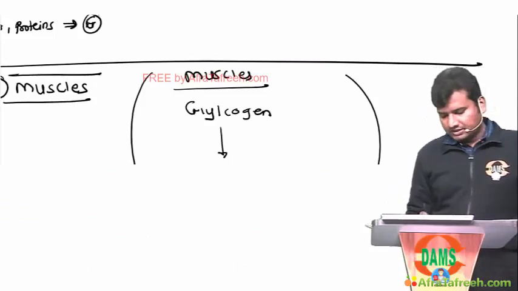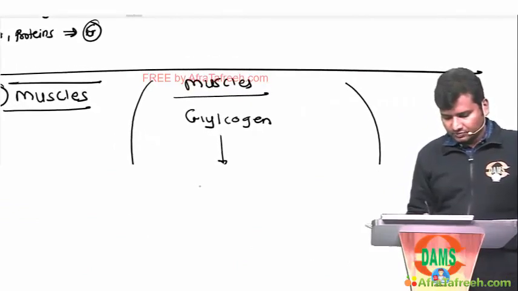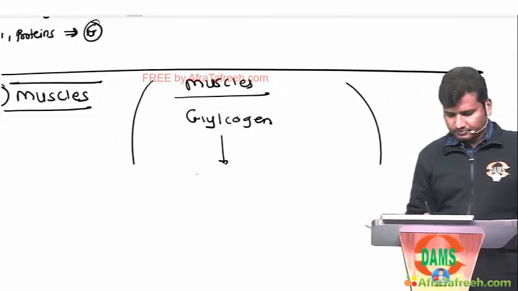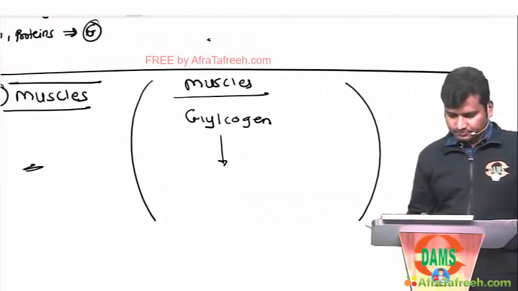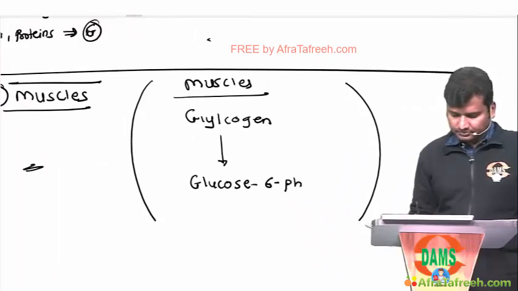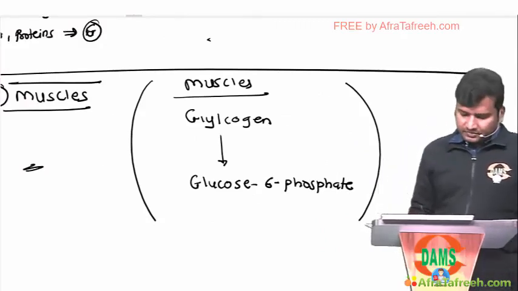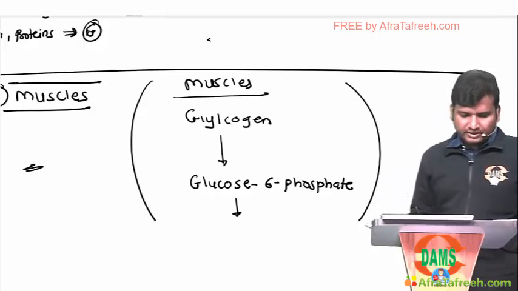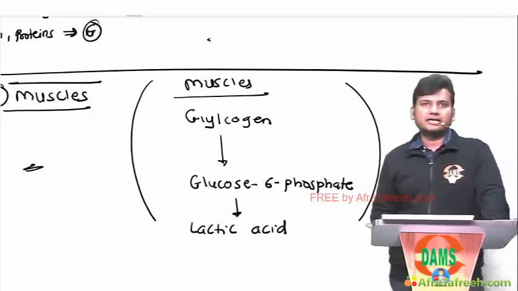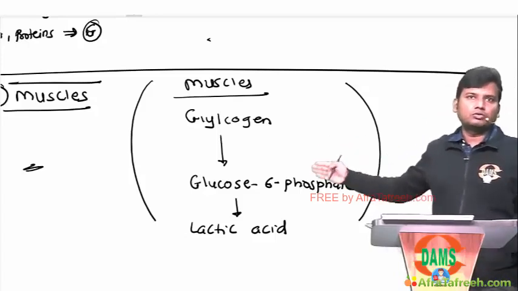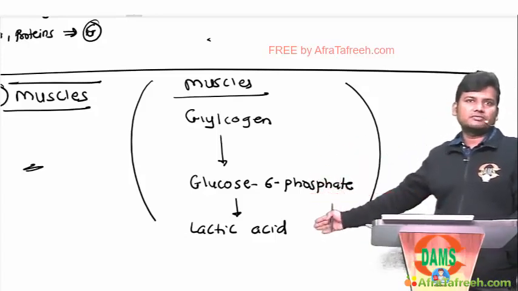So this glycogen will be converted to glucose 6-phosphate, and then this glucose 6-phosphate will be converted to lactic acid.